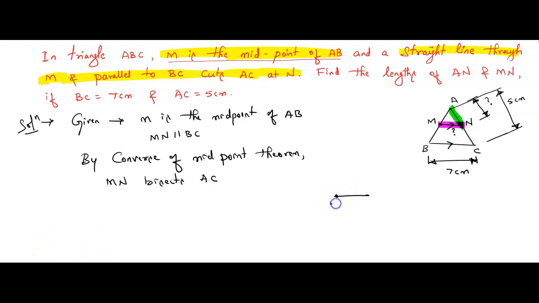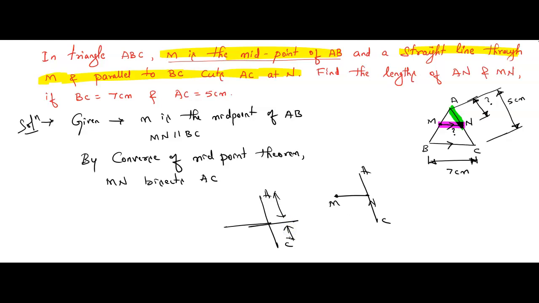It is dividing the line AC. That is the converse of midpoint theorem. Understood? Once this line is touching AC, it has divided AC into two parts.